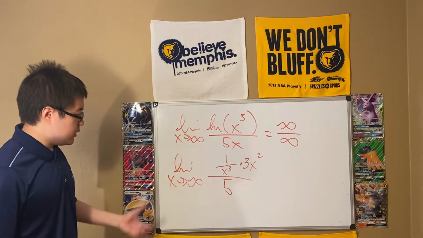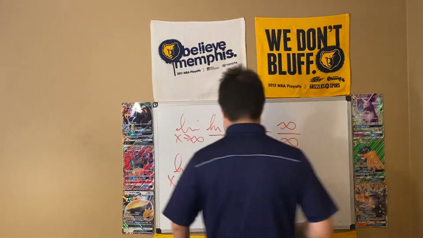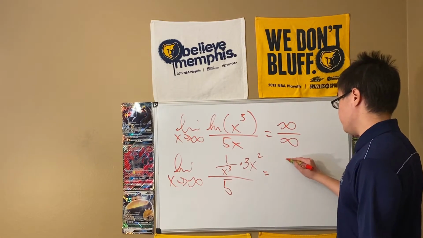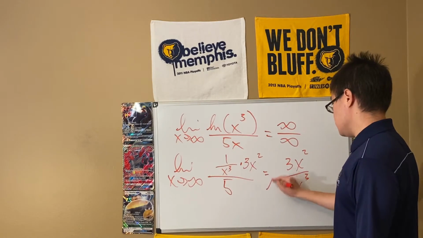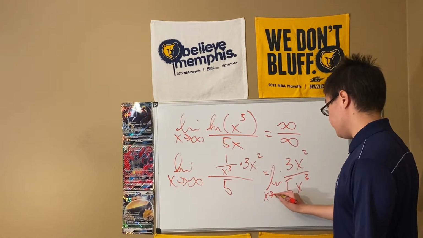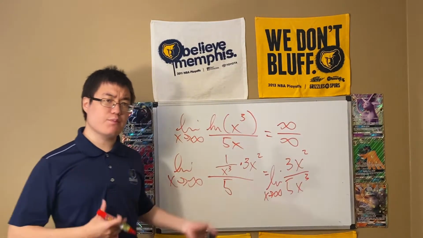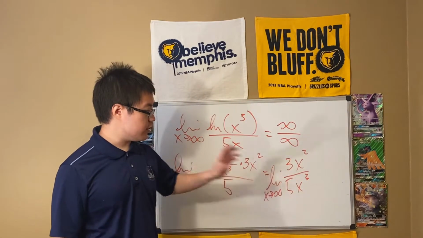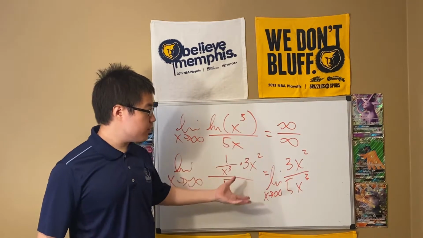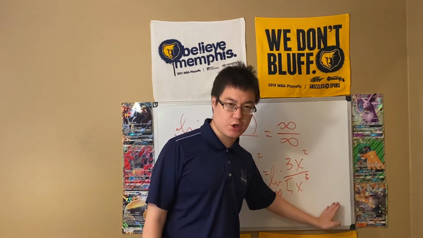So let's write this as one single fraction. I don't like fractions within fractions. So I'm going to write this as 3x squared over 5x cubed. So we do have a new L'Hopital's rule question. As I was saying in a previous question, or in the intro, when you get to this easier limit, you could potentially get infinity over infinity again, because when you plug in infinity, you get infinity over infinity.